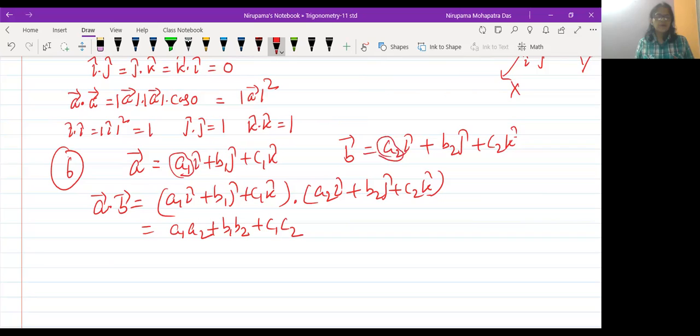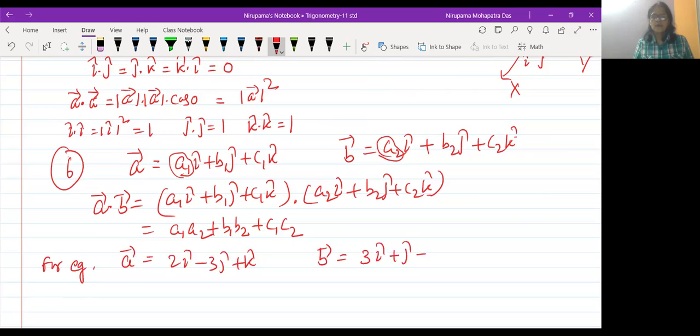So for example, if you have A vector as 2i minus 3j plus k, B vector maybe 3i plus j minus 5k. If I have to find A dot B, it will be what? 2 into 3, 6, minus 3 into 1, then 1 into minus 5.